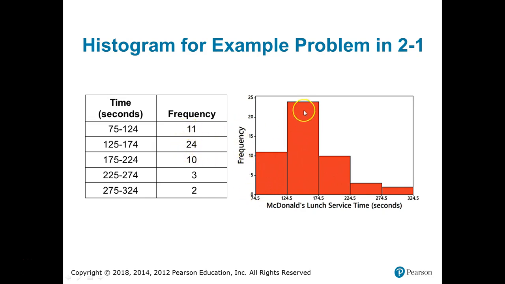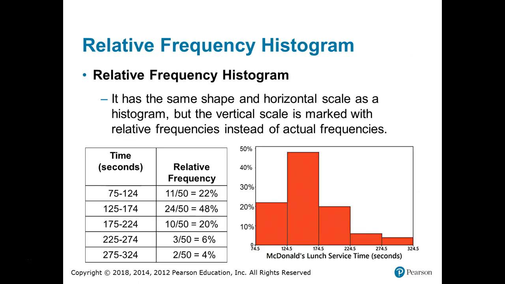So 11, 24, 10, 3, 2. And now it's an easier way to visualize where each of these has more data values, and we can really see the distribution. It's kind of a normal curve. It's actually a skewed curve, as we're going to get to later in this section.